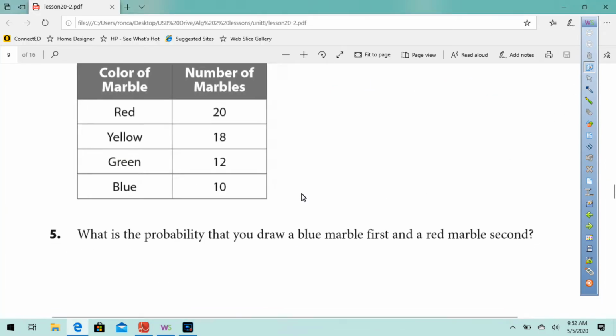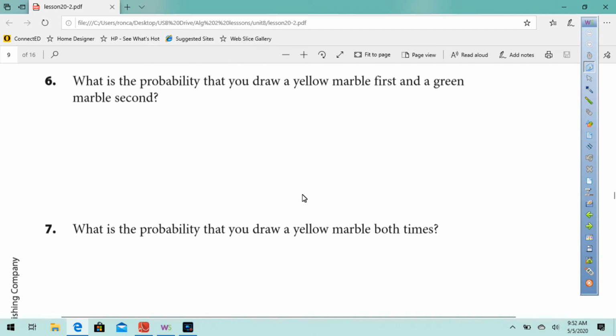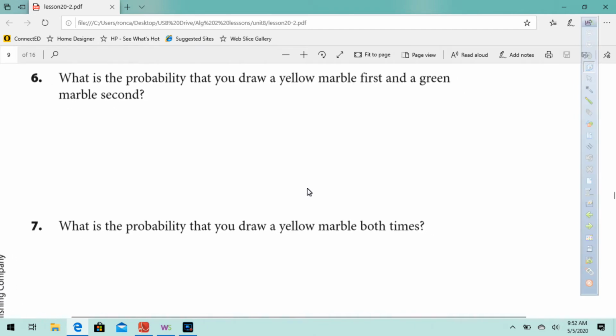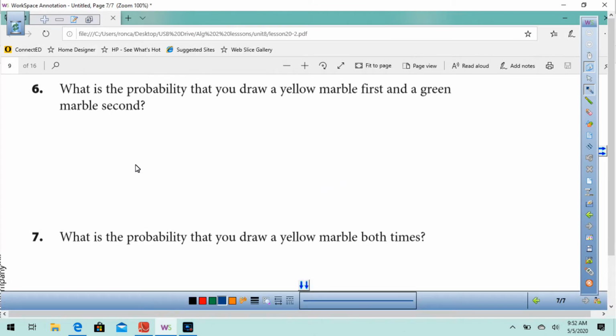What about number 6? What is the probability that you draw a yellow marble first and a green marble second? So we have the probability of a yellow marble.